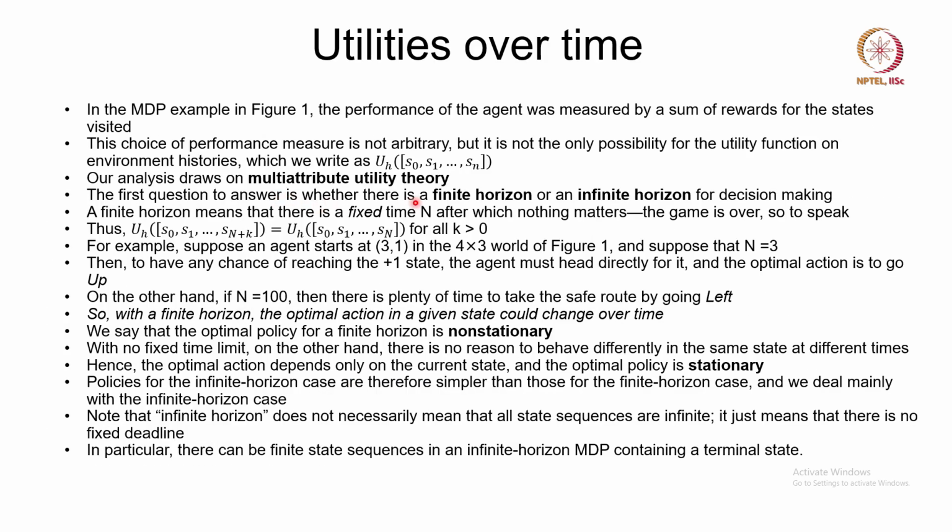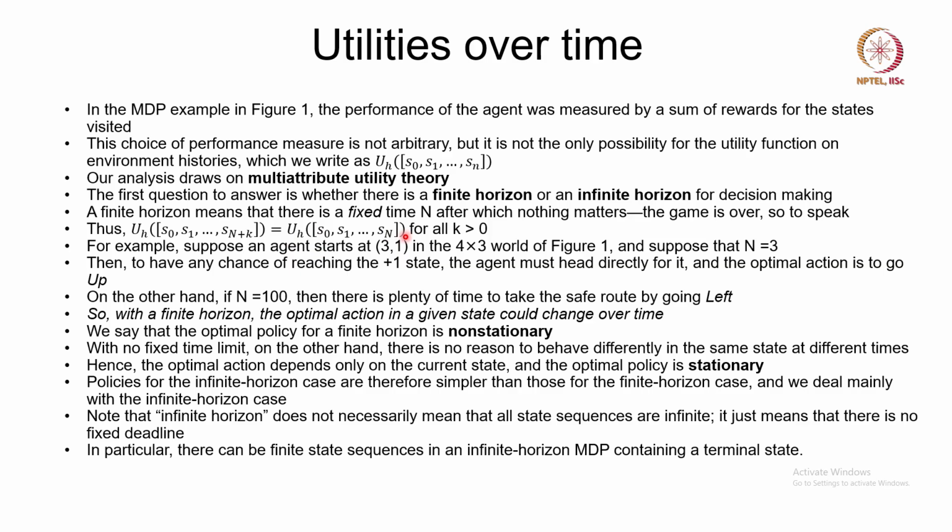We talk about what is called the finite horizon or an infinite horizon. A finite horizon means that there is a fixed time n. After that time n, whatever action you take, it makes no difference. The game is over at that point in time. It is something like saying U_h(S0, S1, ..., Sn+k) is the same as U_h(S0, ..., Sn).